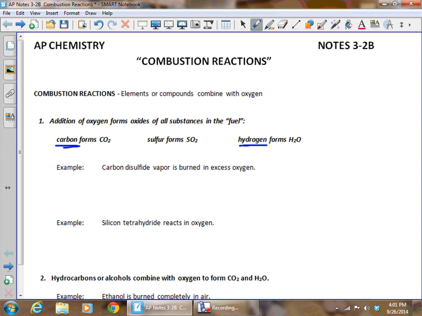Another common substance in a fuel is sulfur, and when it combusts, it forms SO2, sulfur dioxide. Any other element that's in the fuel is going to form an oxide as well. So let's look at some examples.